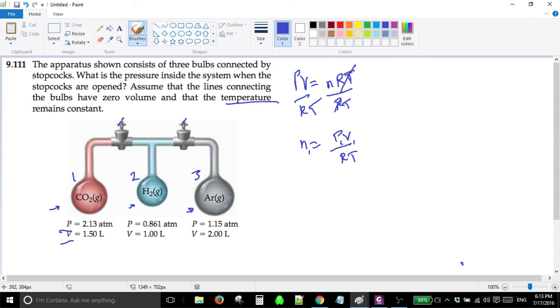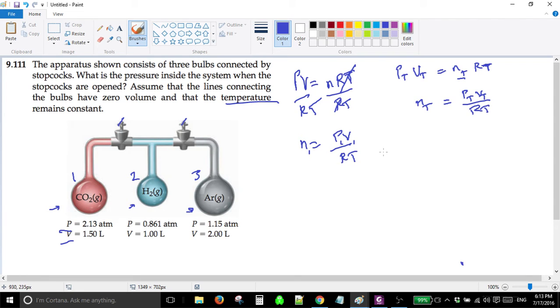Now, what about the total moles, so I can get a mole fraction? Well, the pressure total times the volume total equals the total moles times RT. Let's see, solve for N here, so I can get a mole fraction. N total equals P total V total over RT.